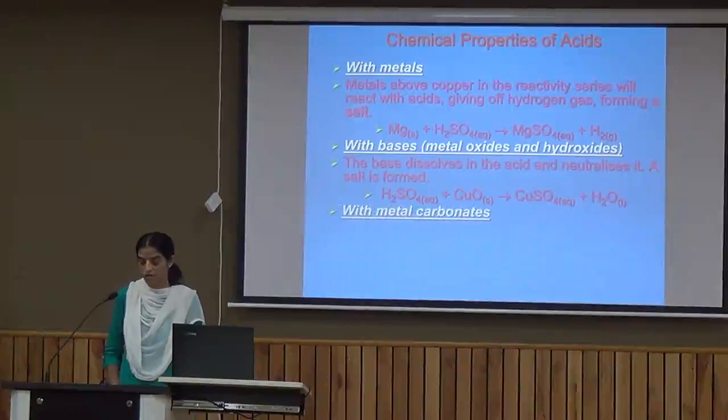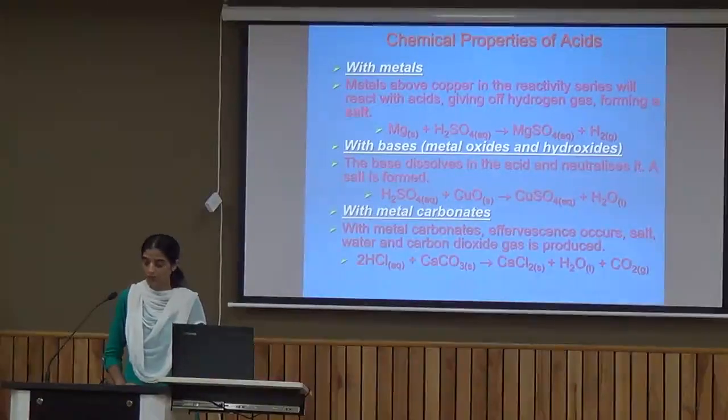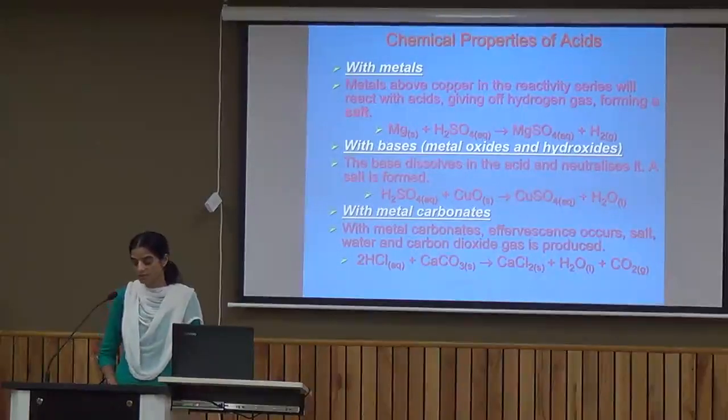Now, the next reaction given for acids is with metal carbonates. Acids react with metal carbonates to form carbon dioxide gas. As soon as you add acid to any metal carbonate, effervescence occurs, and along with it a gas is produced.